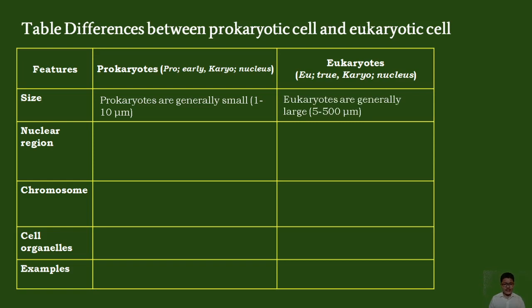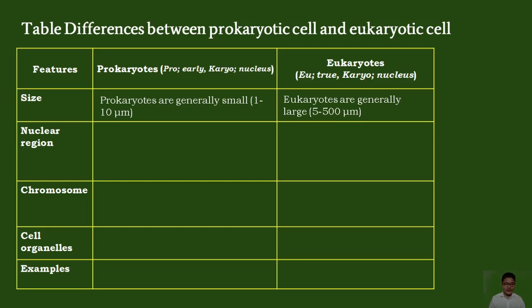Prokaryotic cells are 1 to 10 micrometers in size. Eukaryotic cells are about 5 to 500 micrometers. Large, right? Larger than the bacteria.